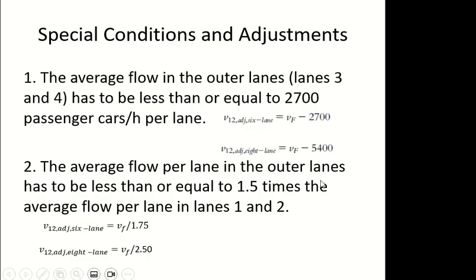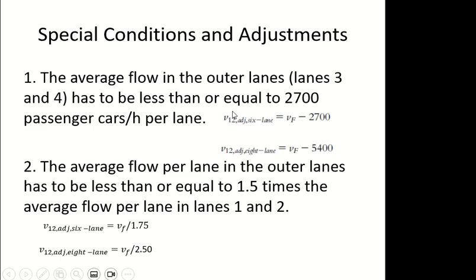But if you didn't satisfy this check, you do the same thing. You will recalculate V12 using one of these equations, this one for a 6-lane freeway and this one for an 8-lane freeway. So you apply the check. You need the outer lane per lane flow here, and you need the outer lane and inner lane per lane flow for this one.